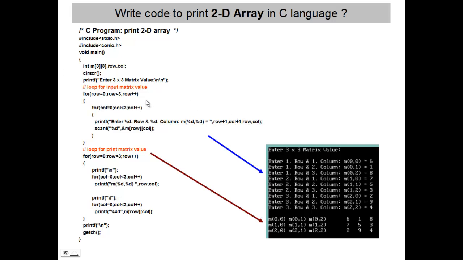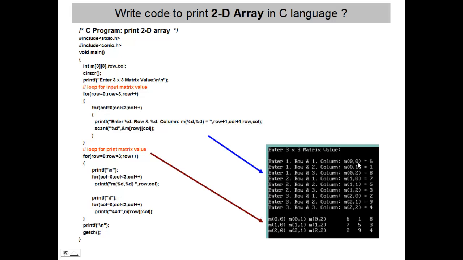So this loop is used for input values. First, row number 1, okay. The row value is initially 0, so row 0 and column 0.